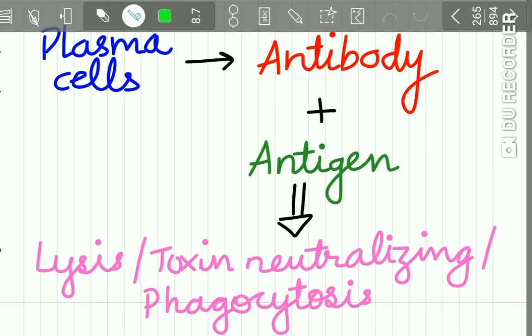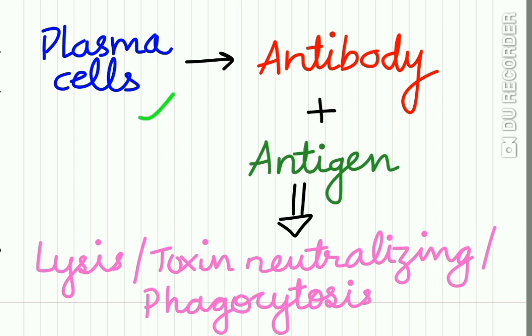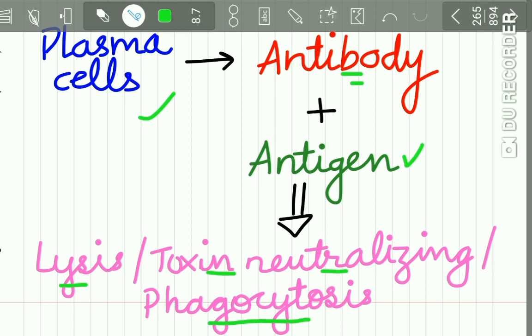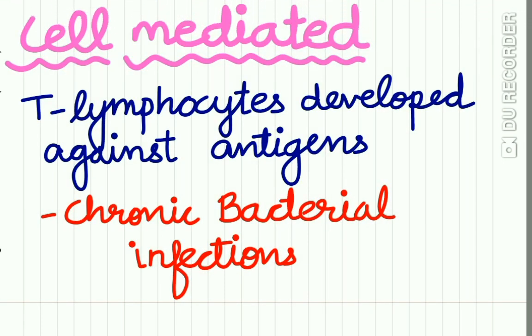These plasma cells produce specific antibodies, and these antibodies combine with the antigens, and this modifies the activity of the antigens by causing either the lysis of the antigen, or the neutralization of the toxins released by the antigen, or the phagocytosis of the antigen.